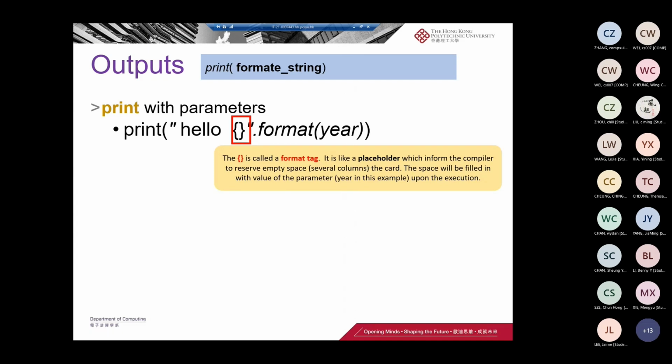By printing without parameters, we just print out the string, which means during printing, the operator knows the length of that string, so it can copy those characters one by one to the screen. However, by printing with parameters, the length might vary, depending on the content of that year. So we need to use the format tag to reserve enough space for that changing value.